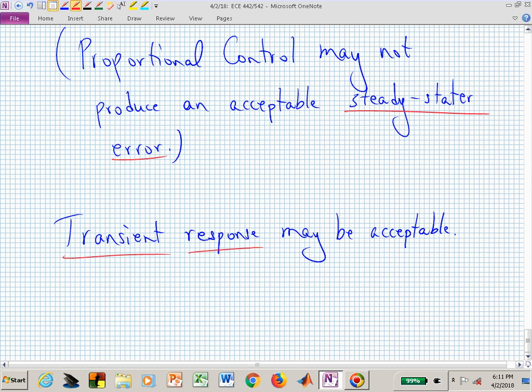And what are we seeing? We're seeing a trade-off between steady state error, or steady state accuracy, and the transient response.